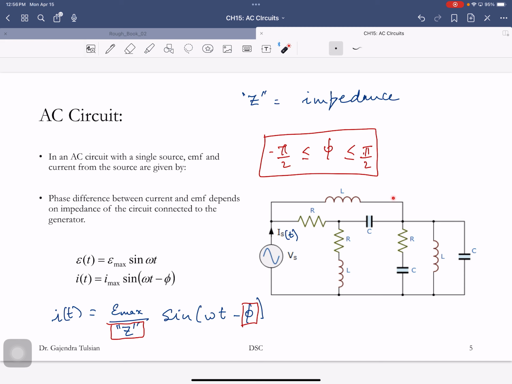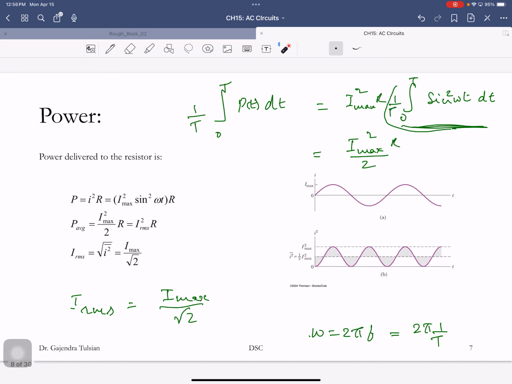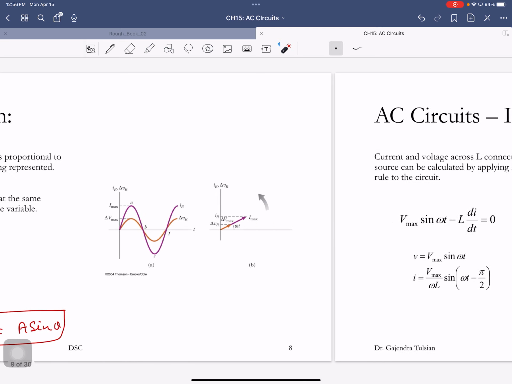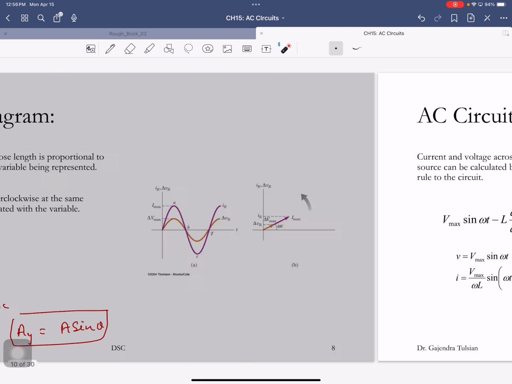To get around that, you're learning the phasor technique. Here's the voltage vector and here's the current vector, and these vectors are rotating counterclockwise at omega t. The instantaneous value is just the y component of these phasors. So a phasor rotates counterclockwise at the same frequency as that associated with the variable. You'll see an example of this in a second.